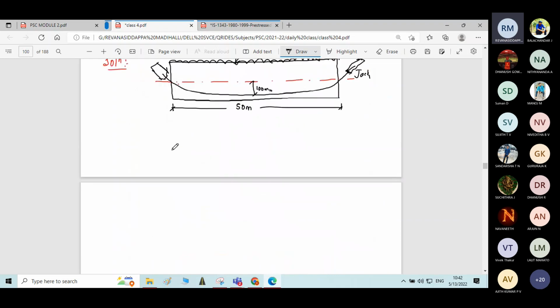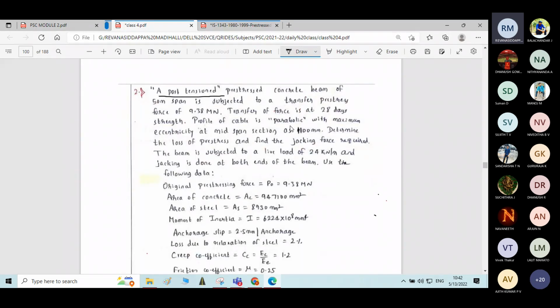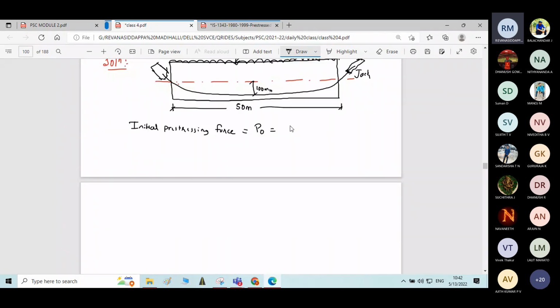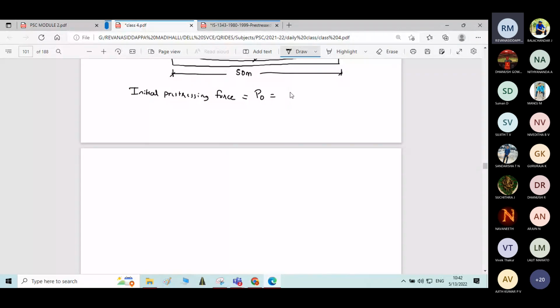The initial pre-stressing force is given. Let me call it P naught. It is given as a pre-stressing force of 9.38 meganewton.